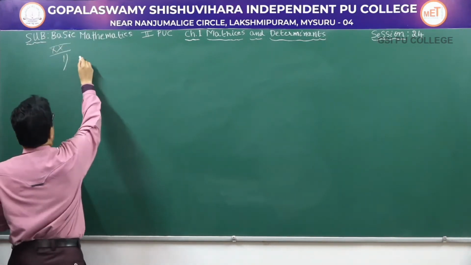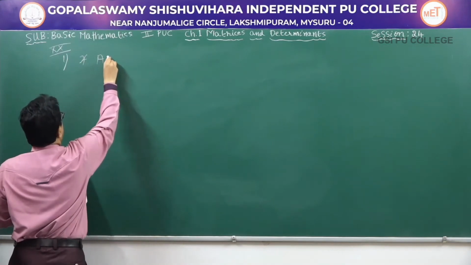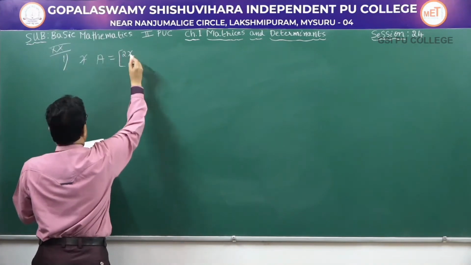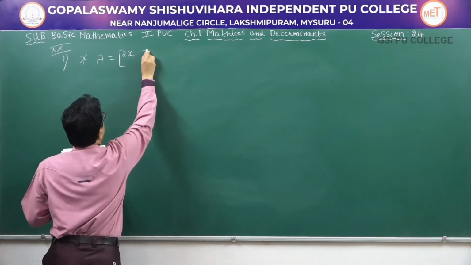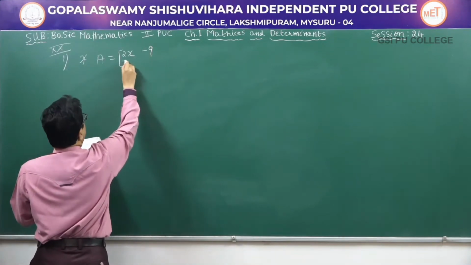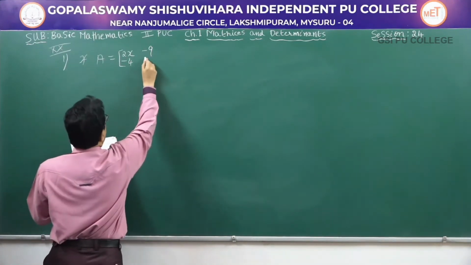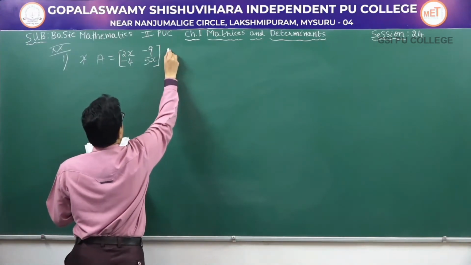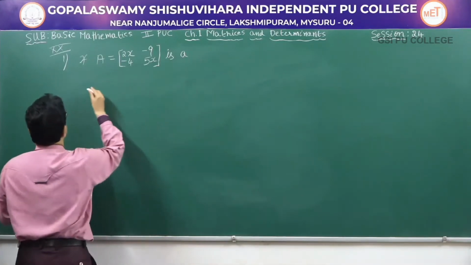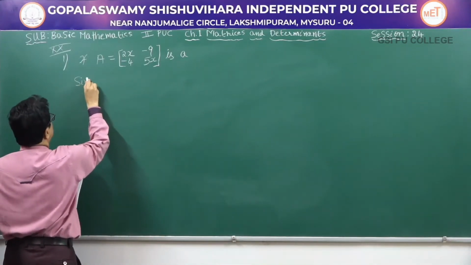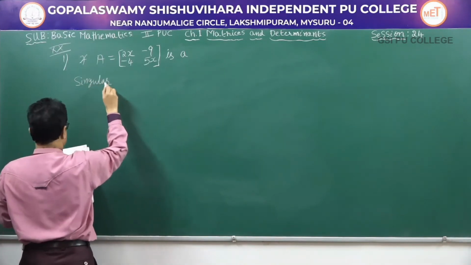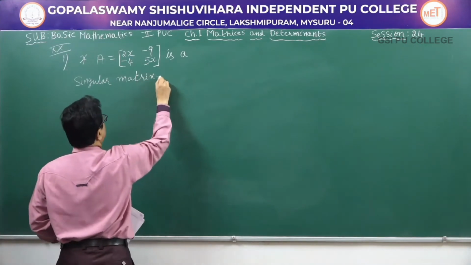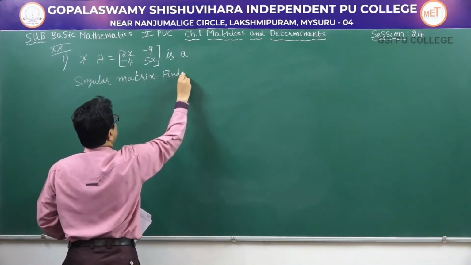First problem, if A equals the matrix with rows 2x, minus 9 and minus 4, 5x is a singular matrix. Find x.